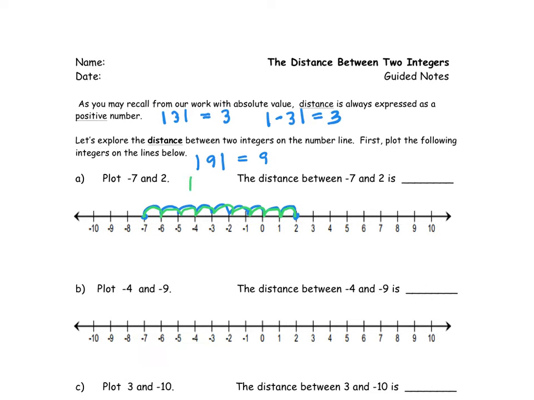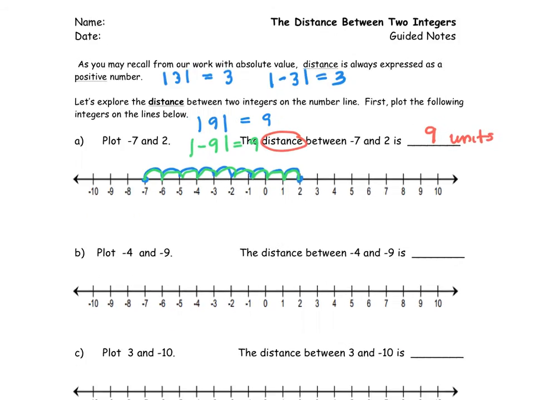But that time I went to the left 9. So that would be expressed as a negative 9, but that also equals 9. So the distance, no matter which way we move, is always expressed as a positive number. So this is 9 units, or a distance of 9.